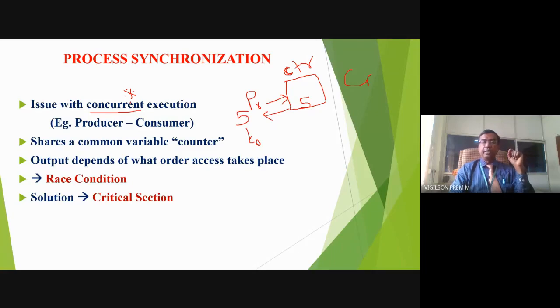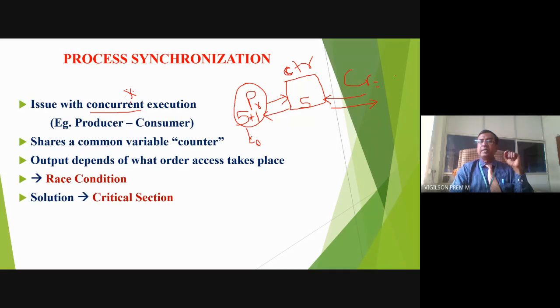So the producer takes the value of the counter, that is 5, into its own program and makes it 6. When the producer is doing this, the consumer is also coming and taking the value 5 to its own program.